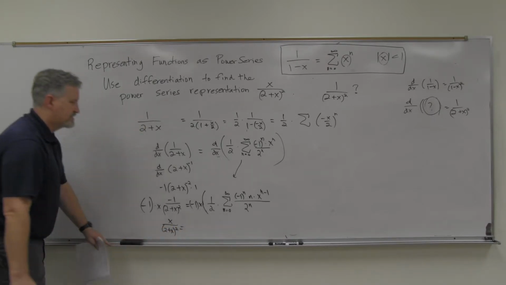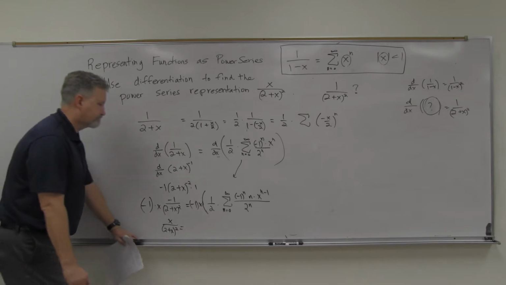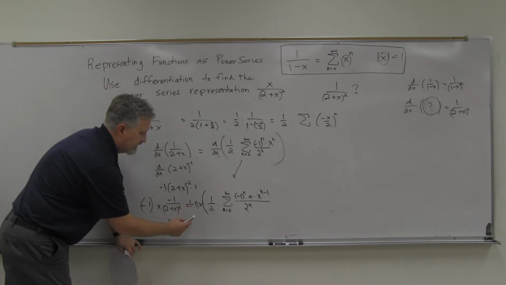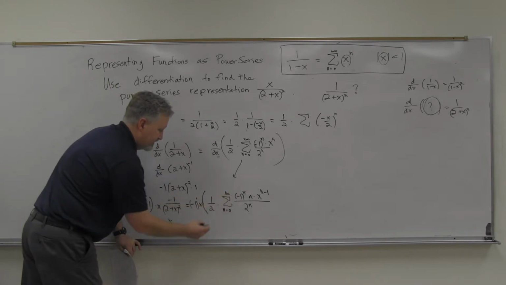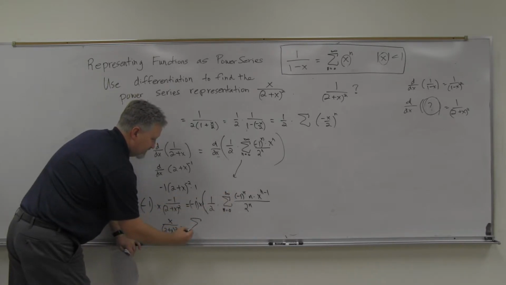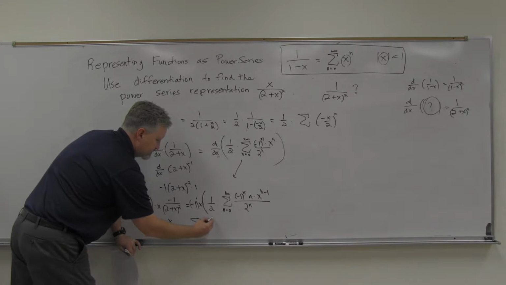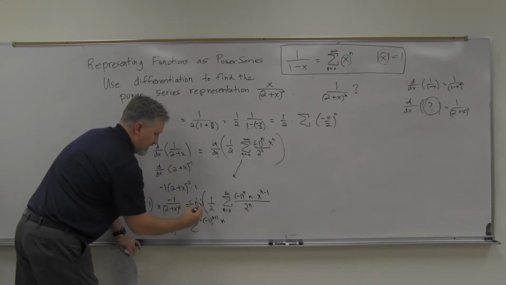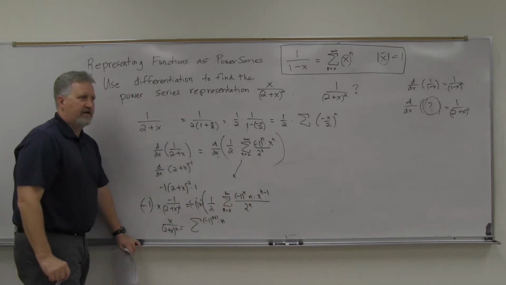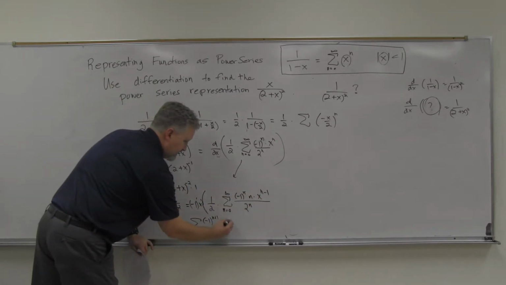Now, what happens on this side? Well, you can say that's -1 to the 1, then I've got a -1 to the n, so let's make that -1 to the n plus 1 times n. Then I got x to the 1, and I got x to the n minus 1, so isn't that going to be x to the n?